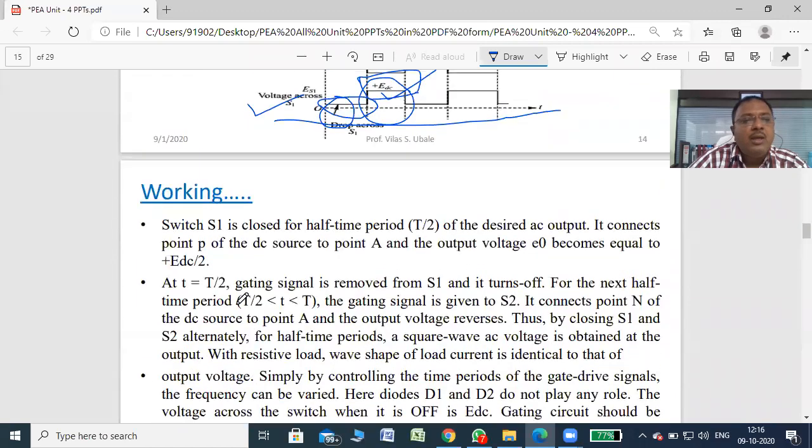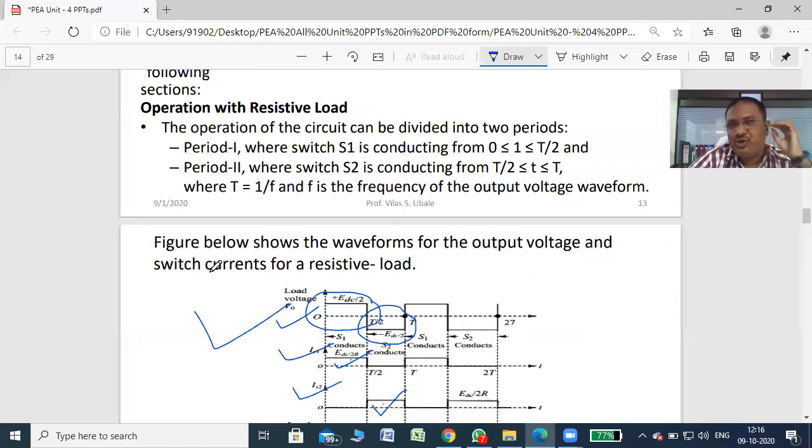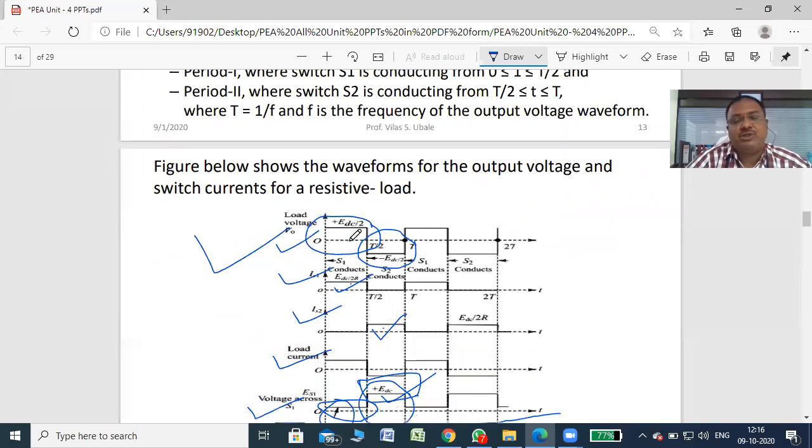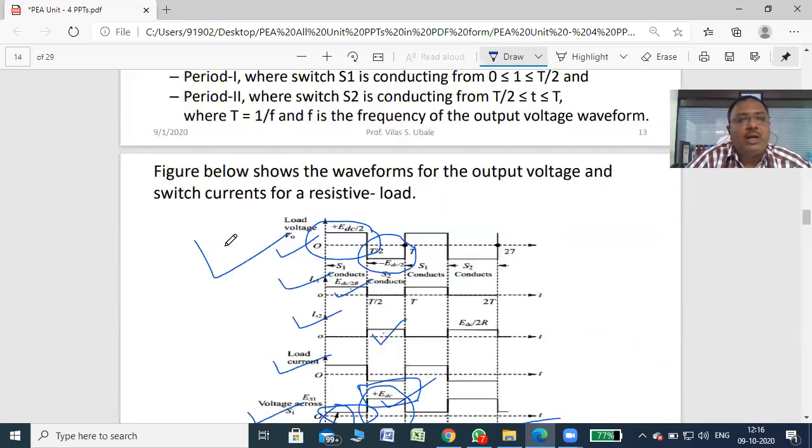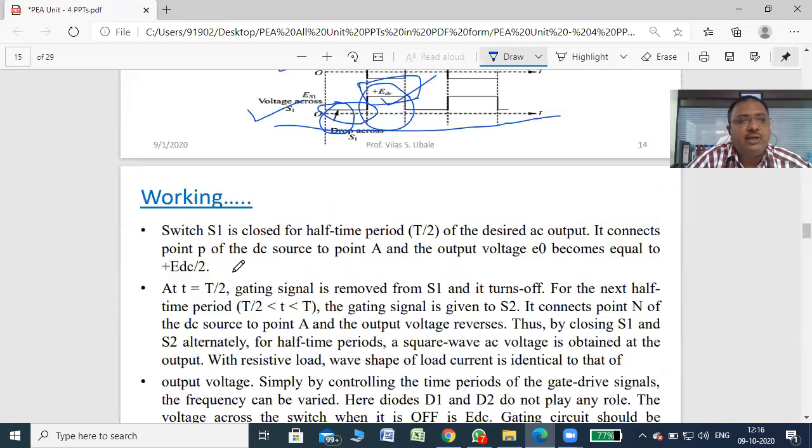I just read the explanation once because I have added this type of explanation every time for every circuit. Whatever theory I explain here, the same theory is added here for your reference, for your notes purpose. So what I told you is the same as written here.